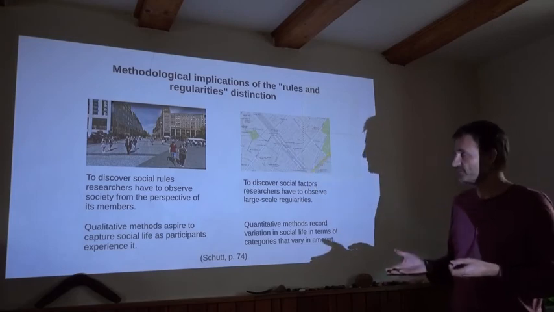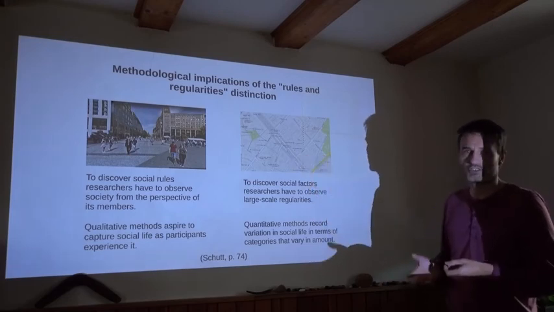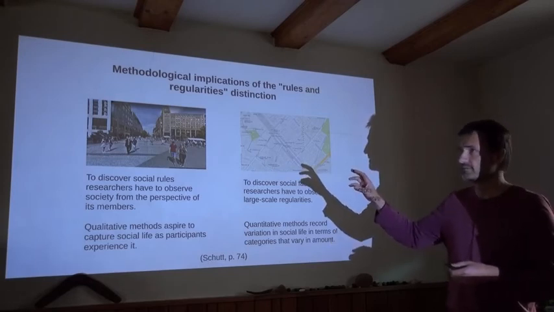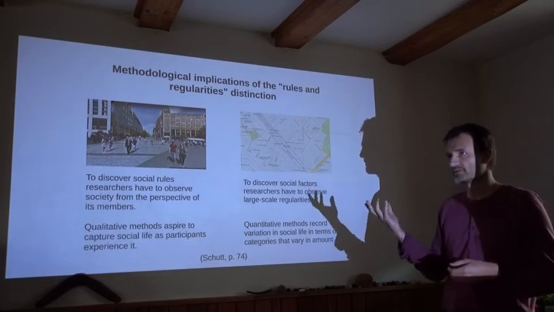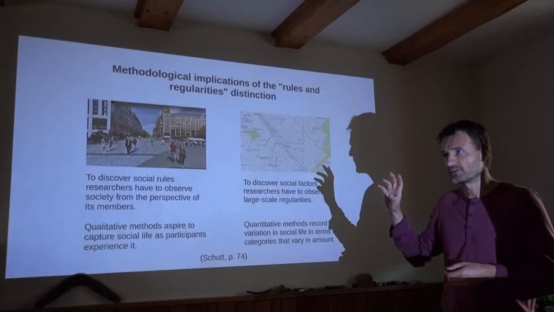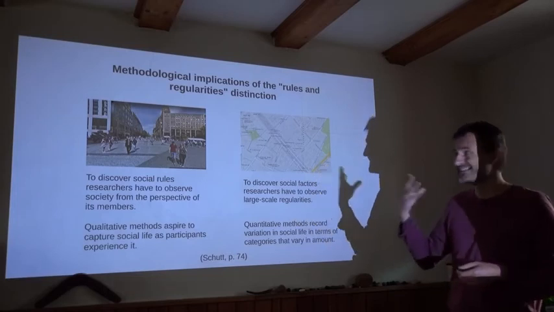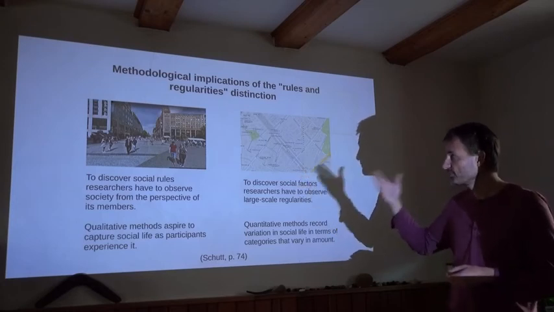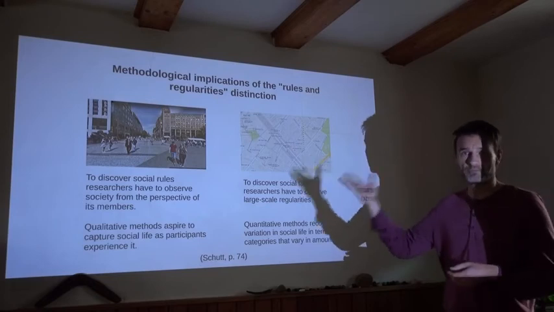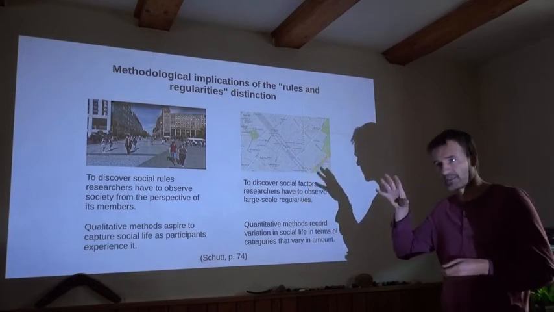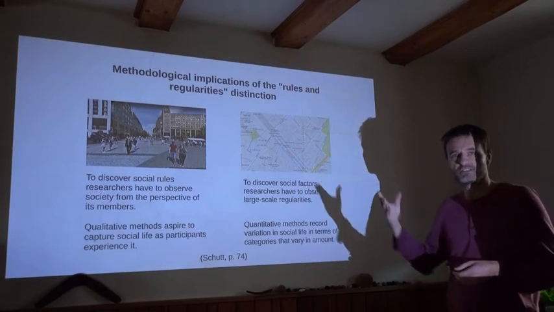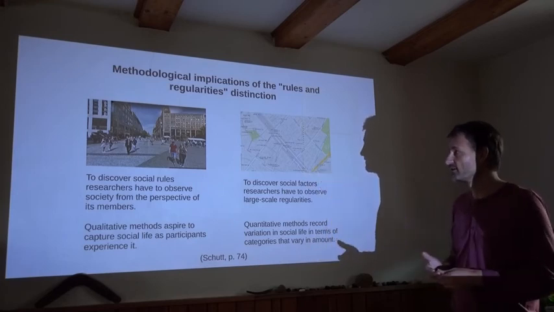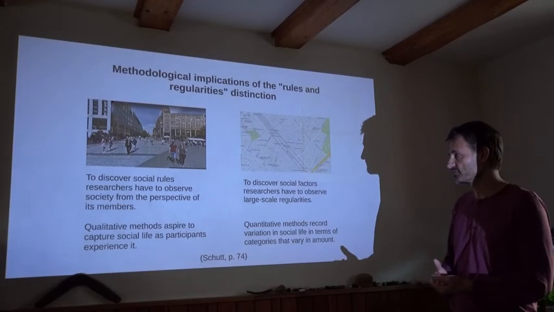The qualitative one concerns rules. If a researcher wants to discover social rules, he or she has to observe society from the perspective of its members. The researcher must take the position, imaginatively or even physically, of the subject he or she observes.